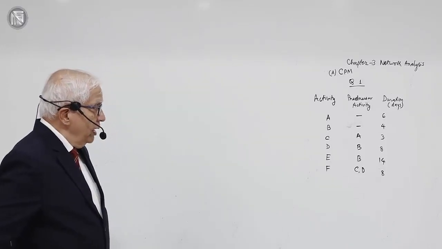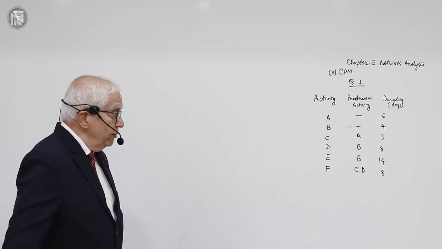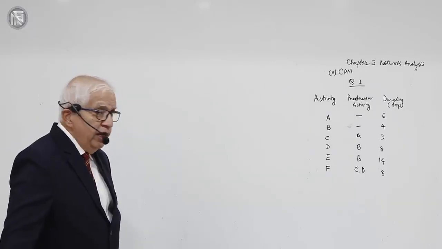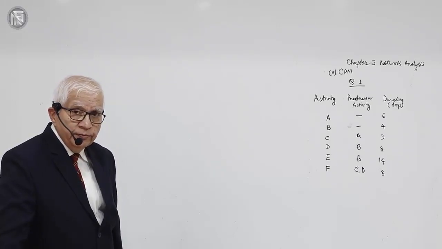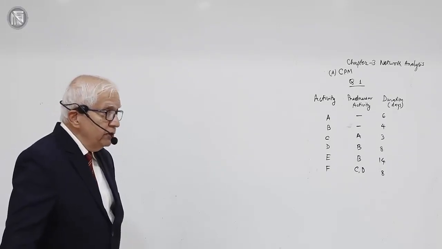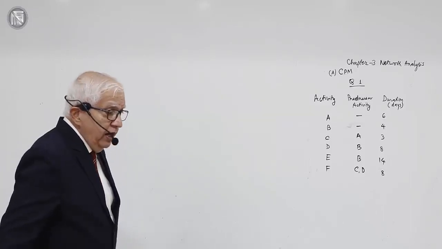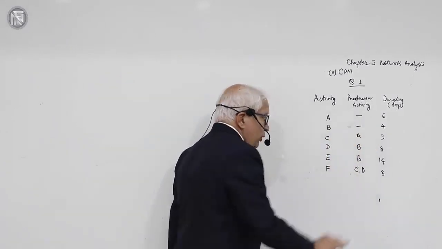Now, are there any activities in this first column A, B, C, D, E, F on which nothing depends? Activities A, B, C, D, E, F are 6 activities of the project. A and B do not depend on anything.